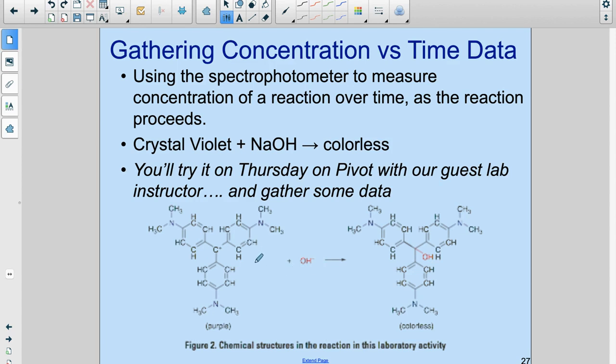So basically, crystal violet is this structure here. It's a deep purple color. And when you add sodium hydroxide to it, it turns colorless because of this bond that is formed right there. So that's the activity on Thursday during class 1.